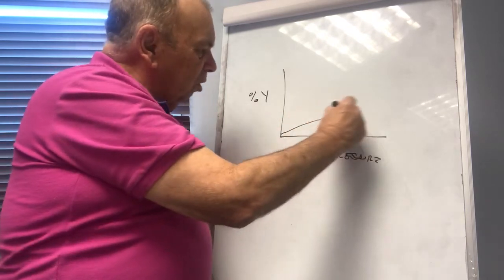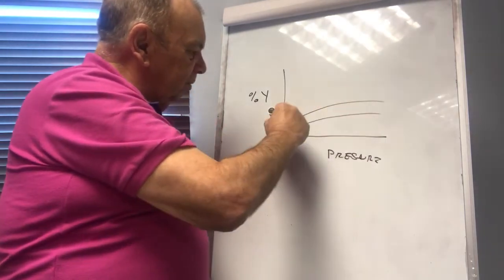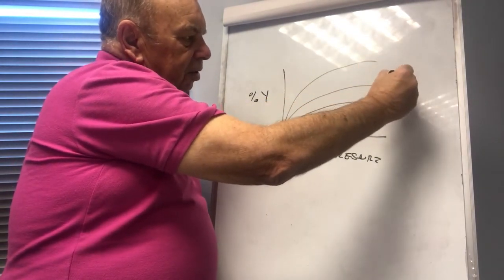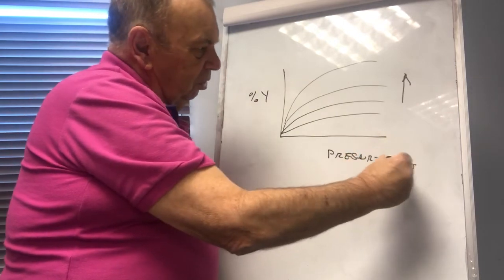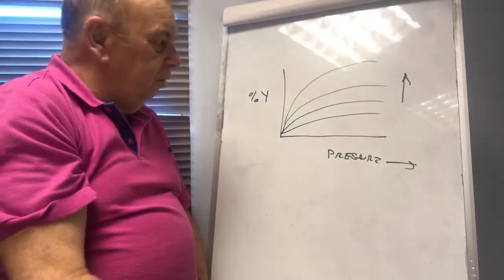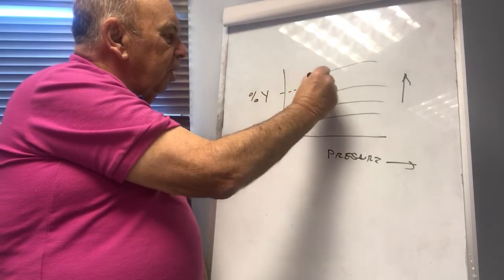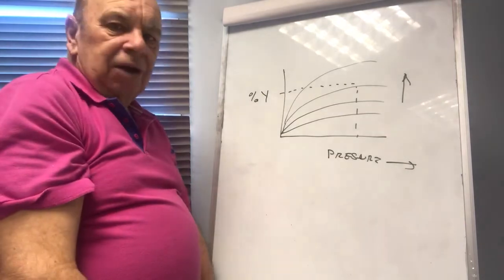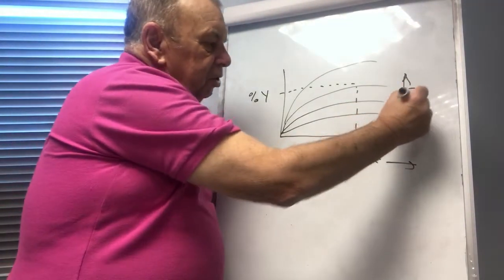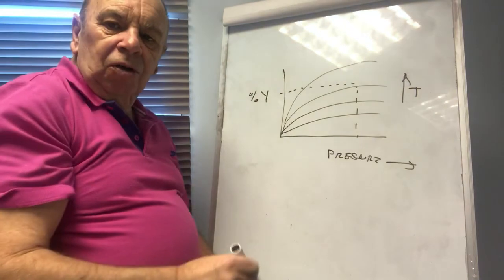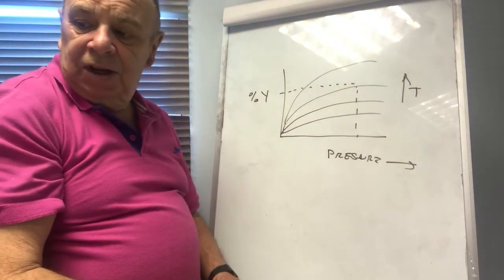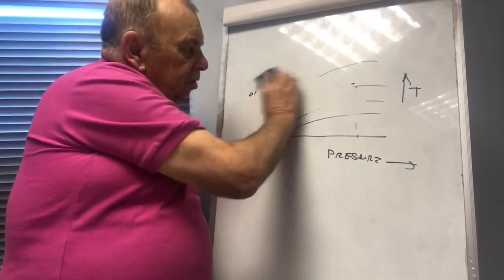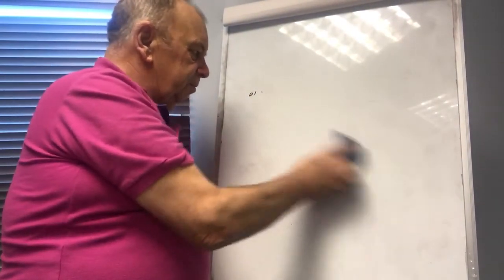You get a chart a bit like this, and as the temperature increases and the pressure increases, we have a compromise on the pressure, and we compromise the temperature to give us the best or most effective cost for the production of ammonia.